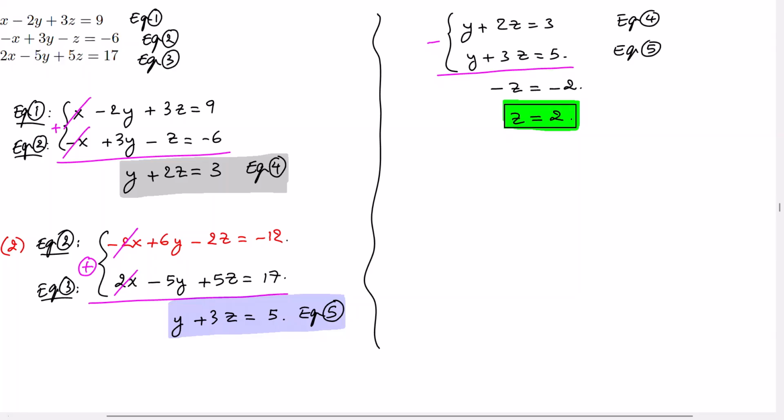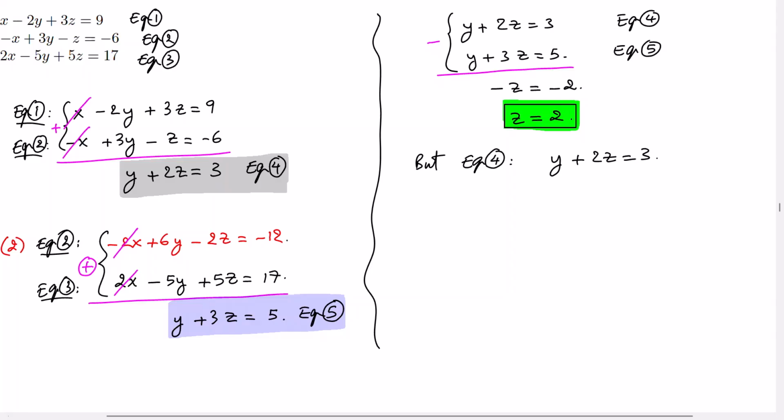So now it's straightforward to work backwards. We can use one of equations number 4 or number 5 and plug 2 for z in it to get the y. I'm going to use equation number 4. I remember that equation 4 has the variables y plus 2z, and they're supposed to be equal to 3.